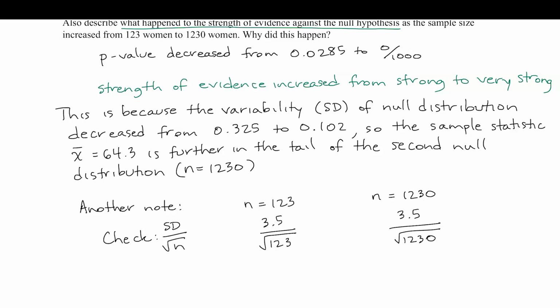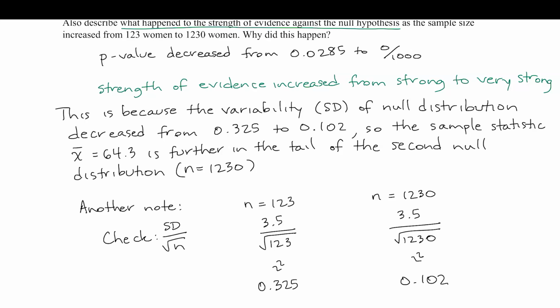If we were to take 3.5 over the square root of 1230. Now I haven't done the math on this, but this one's going to be about 0.325 and this one's going to be about 0.102. And I'm just going to take a brief moment and put this into the calculator on my cell phone, and you should pause this video and try it yourself.